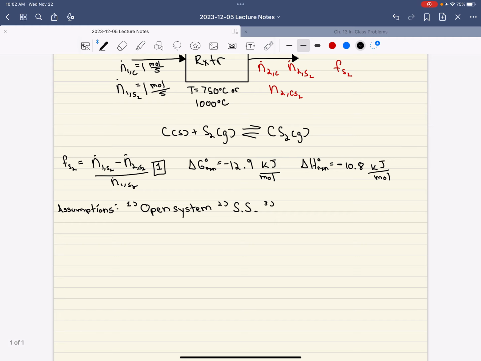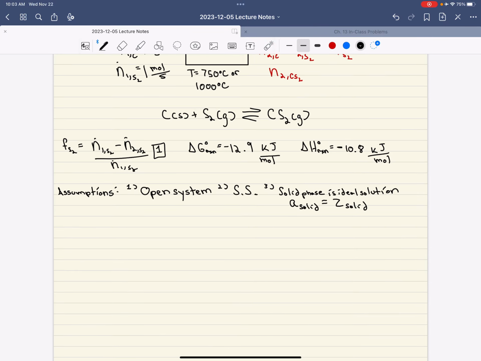So for the solid phase, we're going to assume that it is an ideal solution, such that the activity of the solid phase is just equal to the mole fraction of carbon within that solid phase. You have to be careful with this definition here, and we'll talk more about it later.